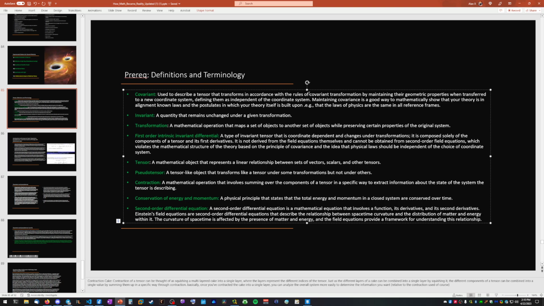The tensors that describe the geometric properties of space-time. So laws of physics. So what happens to the space-time coordinate system? How it bends and warps and distorts and curves needs to be transferable to other space-time coordinate systems.